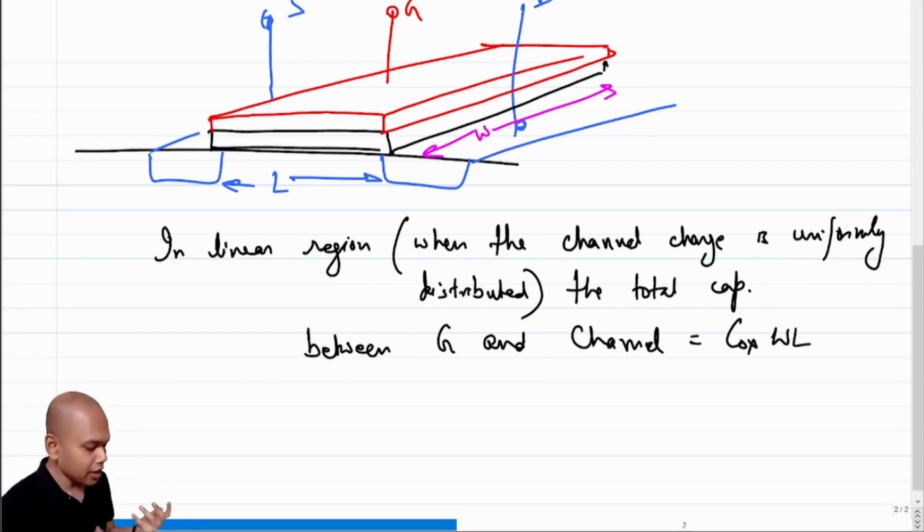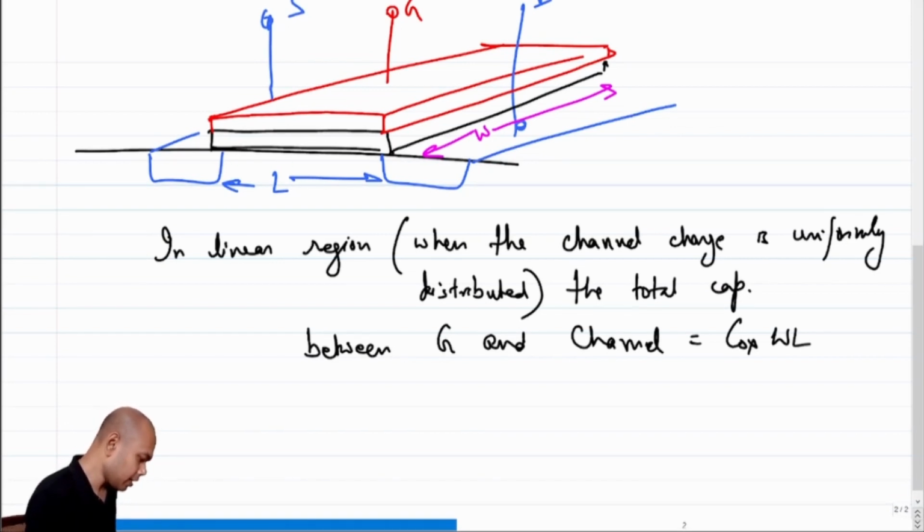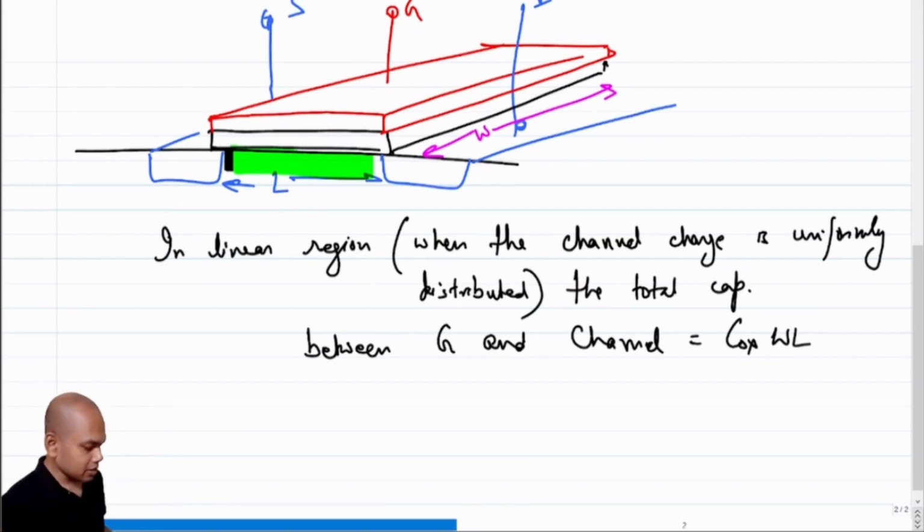So what we generally tend to do is to say that we understand there is a channel charge, right? But we also understand that this channel charge will ultimately get influenced by the terminal voltages, by the gate, source and drain terminal voltages.